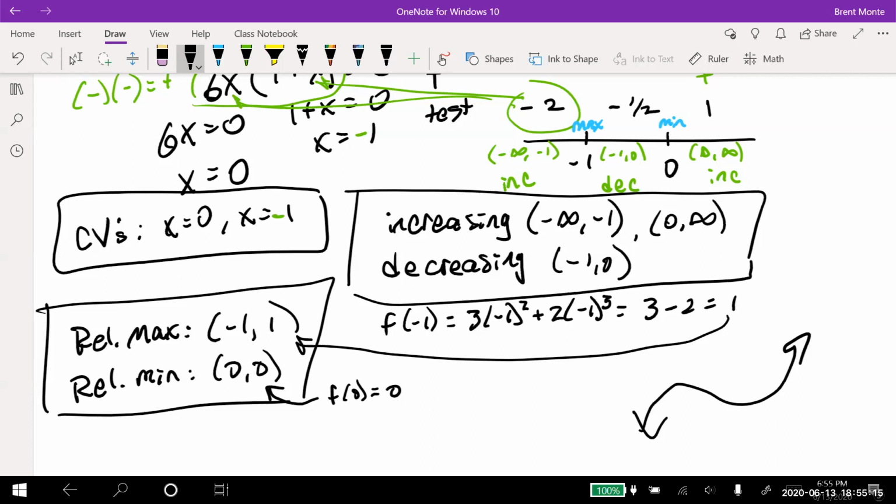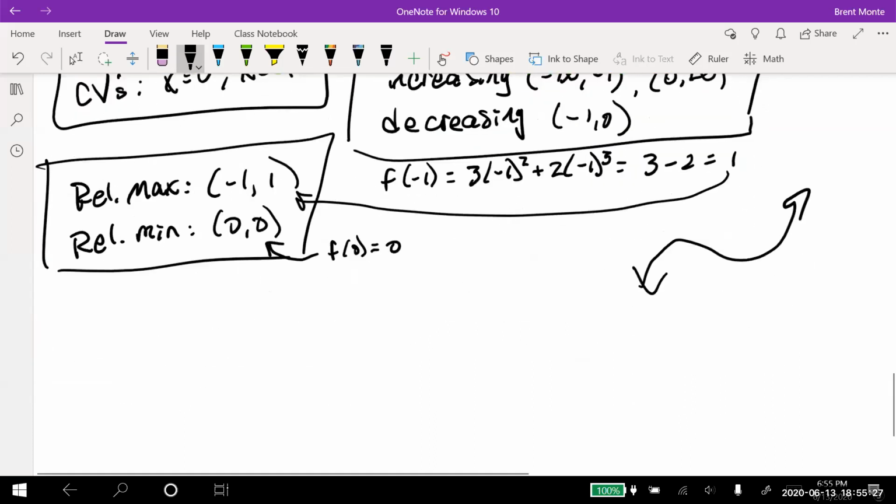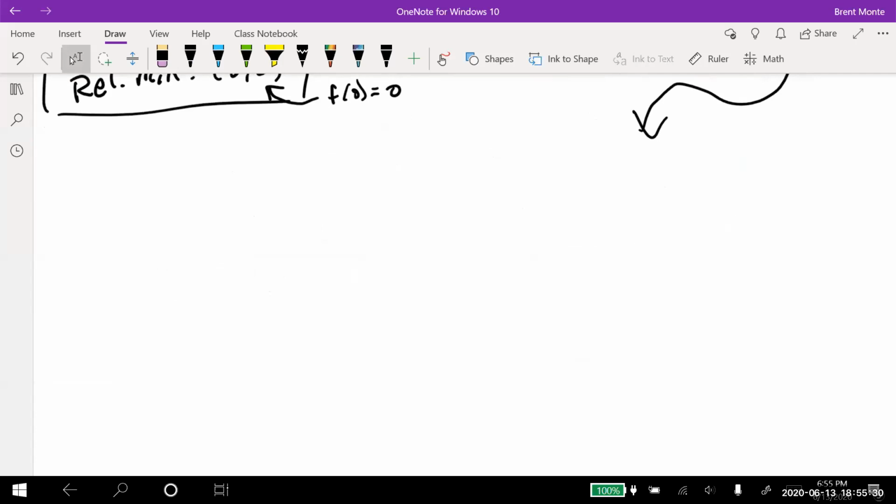In class, I only have you graph ones that you haven't gone through the steps to, because I think that's too many steps altogether. Let's do a couple more examples to get the hang of this. But notice we didn't do anything different other than actually list where it's increasing or decreasing.